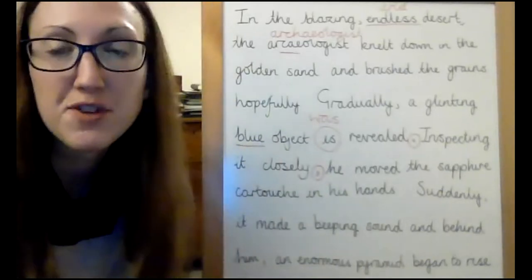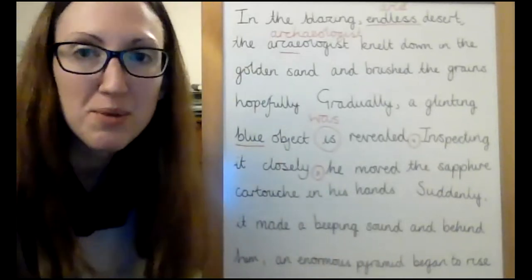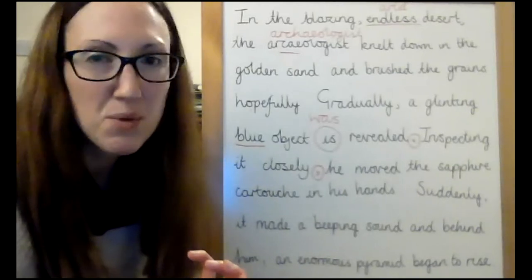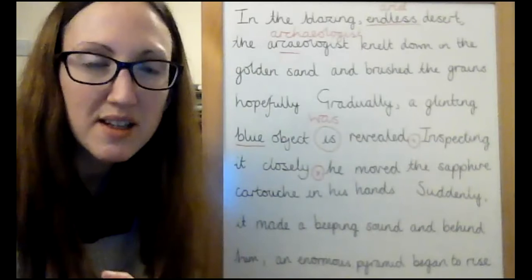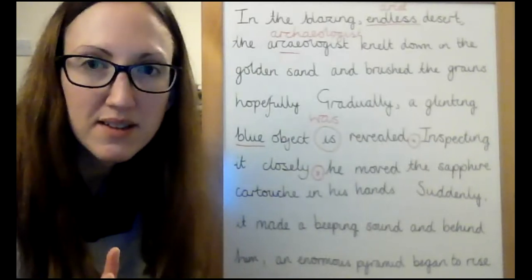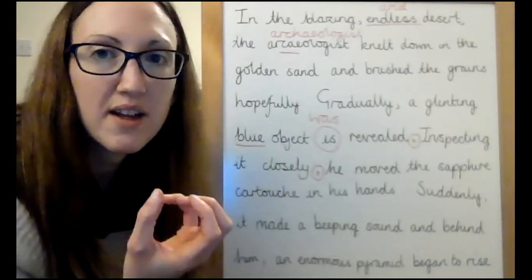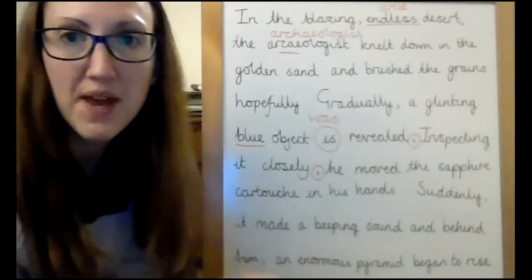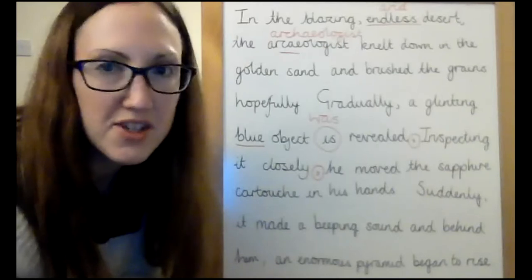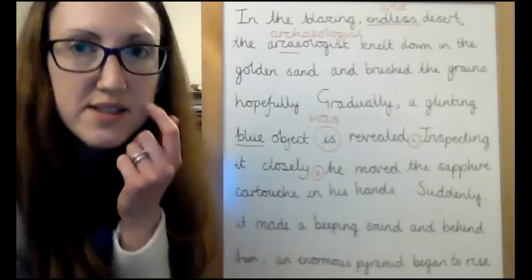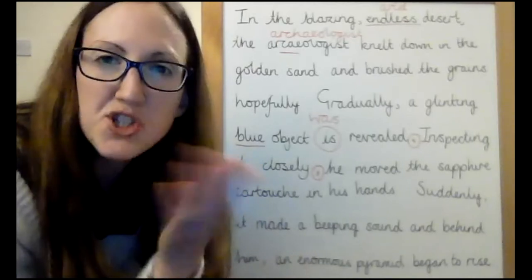And I'm going to think about different shades of blue. Well, it wasn't navy, it wasn't a very dark blue, was it? And it wasn't sky blue either. That would be too pale. So I'm trying to think of a blue colour that would fit really well with that cartouche. Something that popped into my mind was the fact that it was shiny, wasn't it?